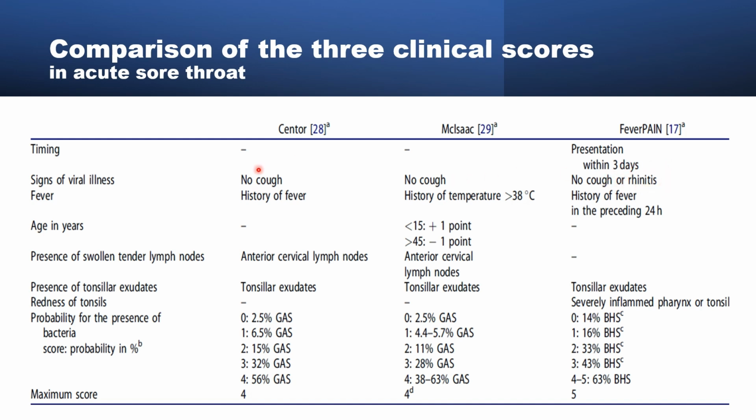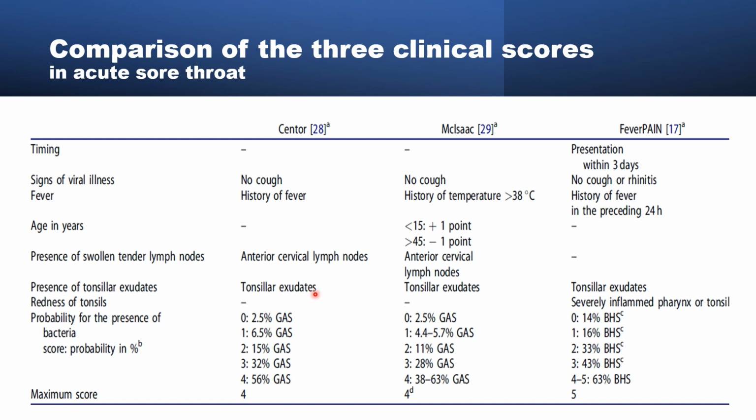The other factor is history of fever. This would be repeated also with the McIsaac. It will specify that the temperature should be more than 38 degrees, and the FeverPAIN would insist that this should be in the preceding 24 hours before the examination. So these are two of the four factors.